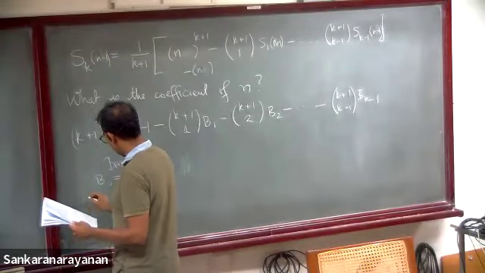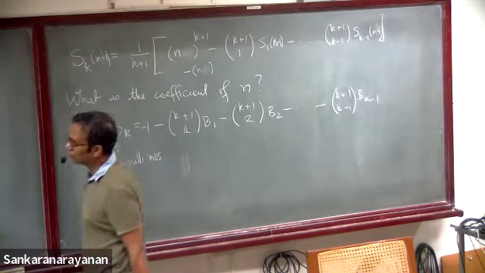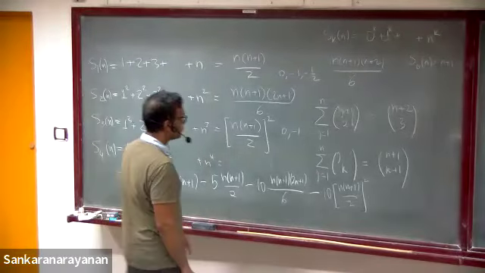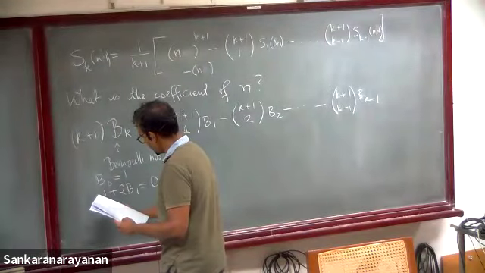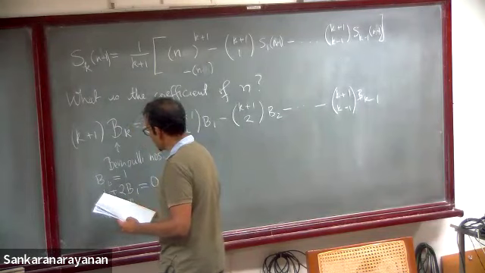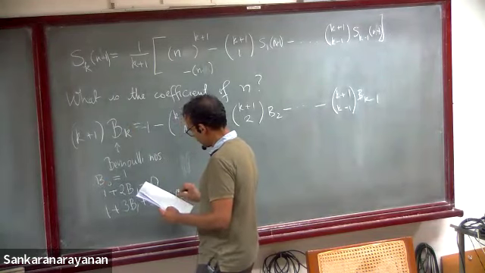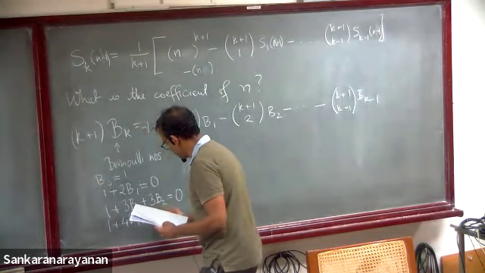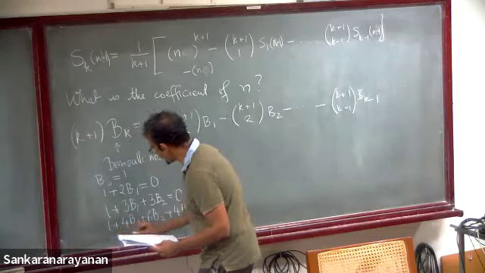And so if you look at this identity here, let me just write it down and then we'll see. 1 plus 2b1 is equal to 0. 1 plus 3b1, where this 1 is actually just b0, plus 3b2 is equal to 0. 1 plus 4b1 plus 6b2 plus 4b3 is equal to 0. 1 plus... so you get the idea, right?